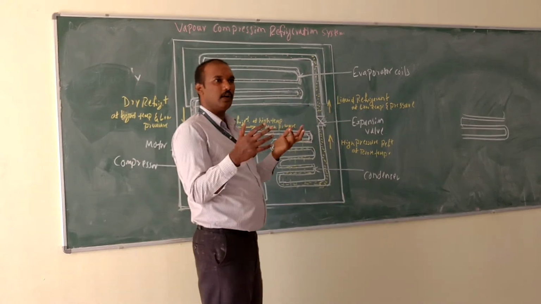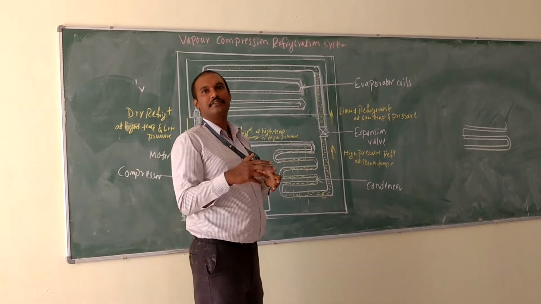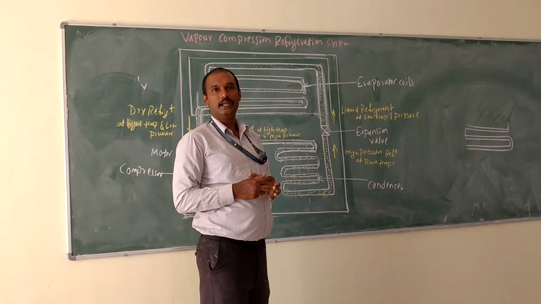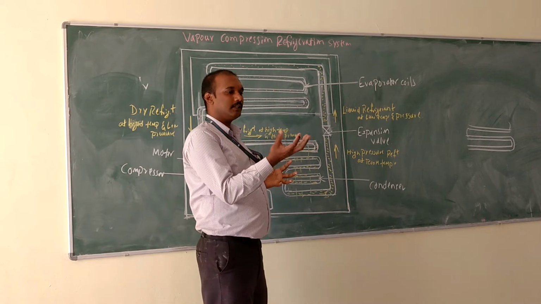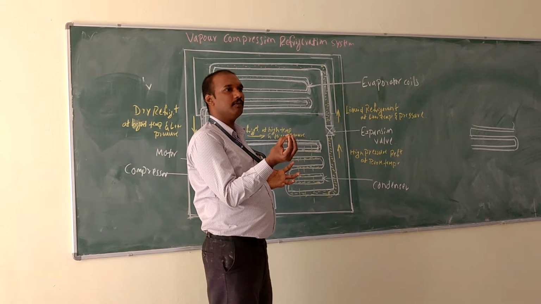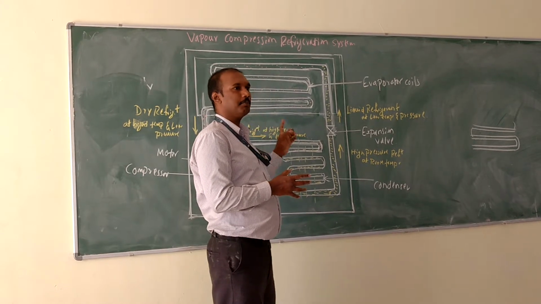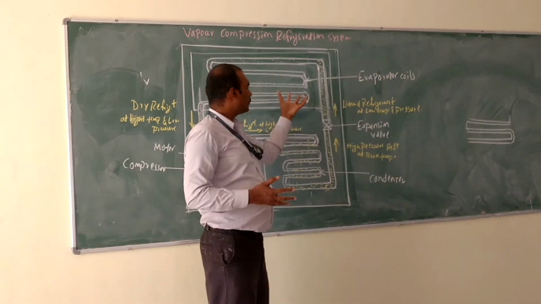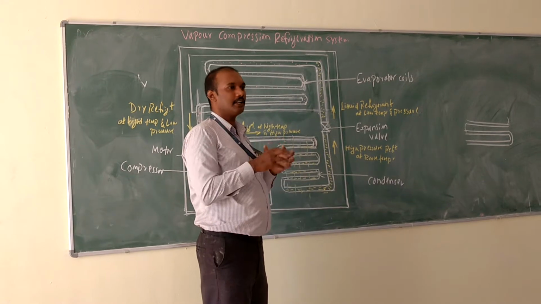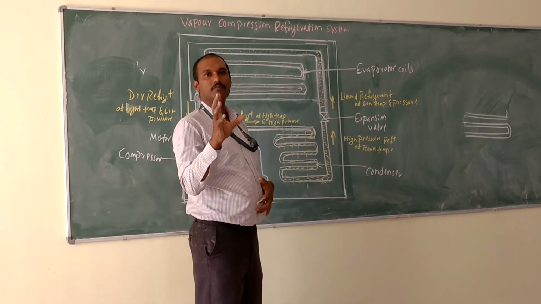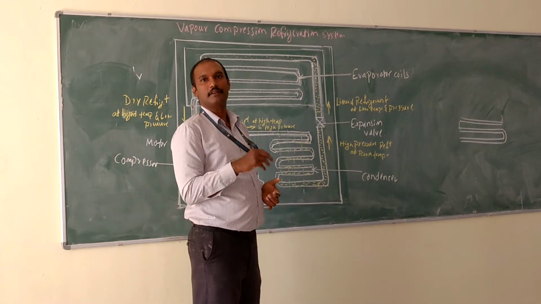When the temperature of the refrigerant is high, the liquid state of the refrigerant becomes vapor state. That's what is called vapor compression refrigerator system. Once it takes the heat from the refrigerator space, the liquid refrigerant becomes vapor refrigerant.